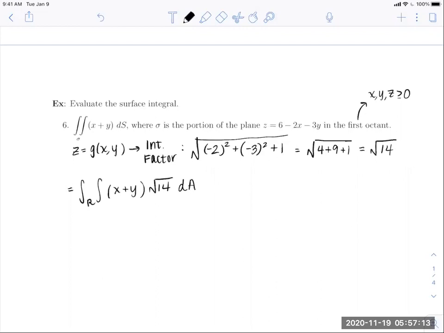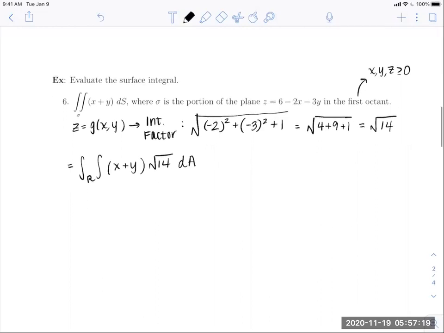So the question becomes, what is the region in the plane that we're integrating over? So let's check that first. We need to project our surface sigma onto the xy plane. So we're going to let z equal 0.